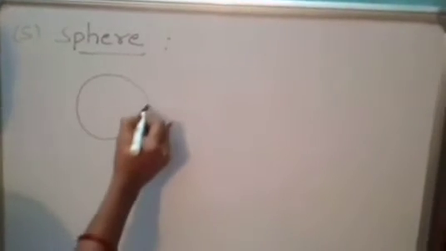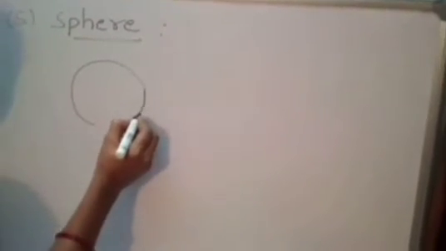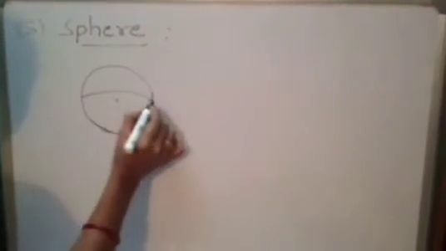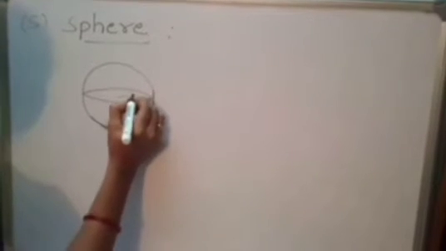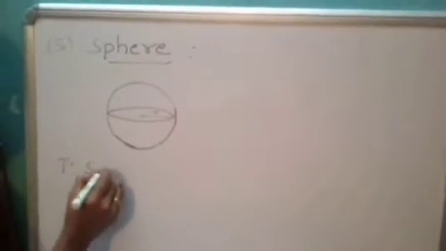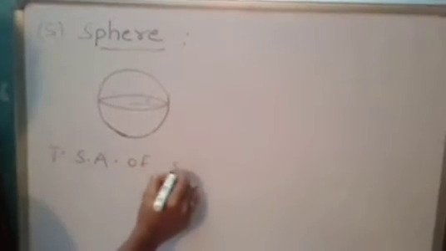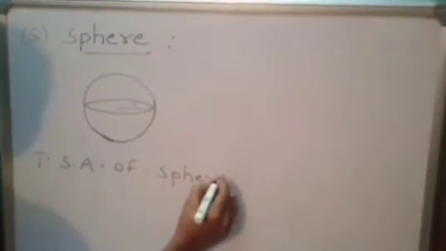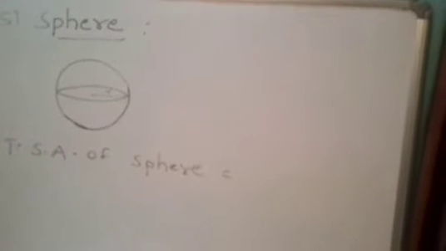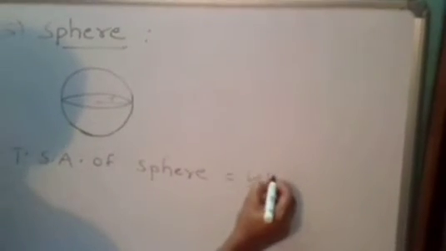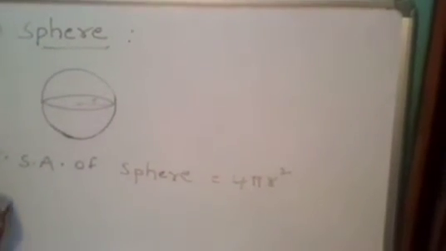sphere. The shape of sphere. This is radius of the sphere. Total surface area of sphere equals 4 pi r square.